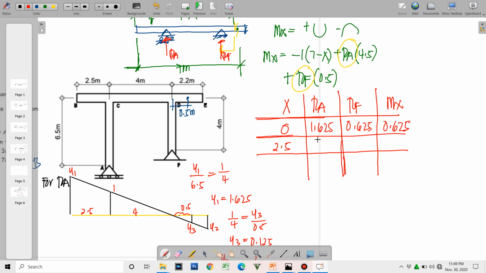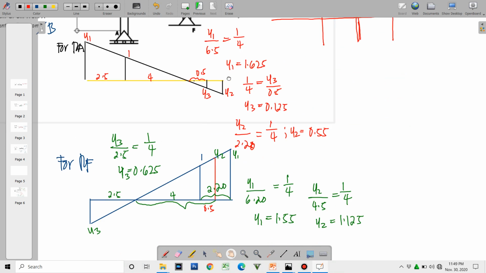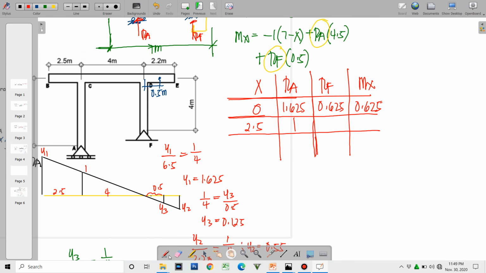Okay. And your RF will be equal to 0. So calculating your MX out of RE and RF with x equal to 2.5, we have MX equal to 0.